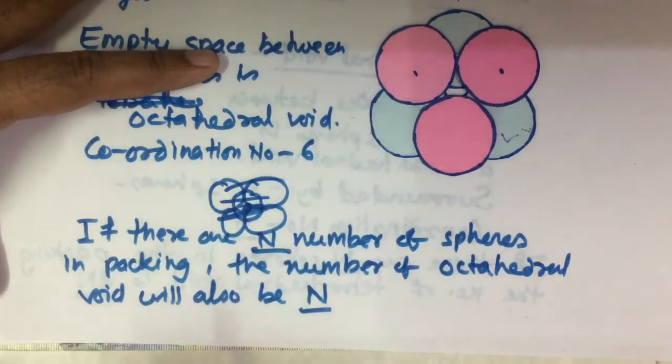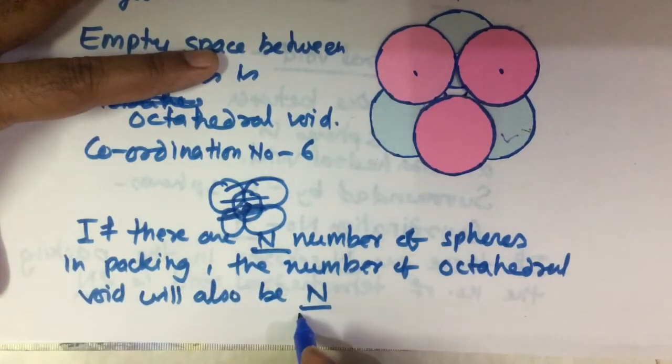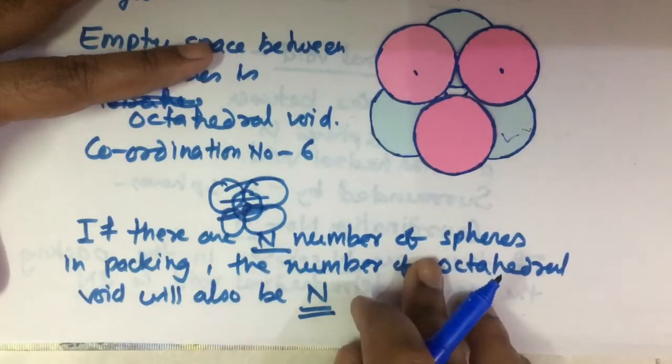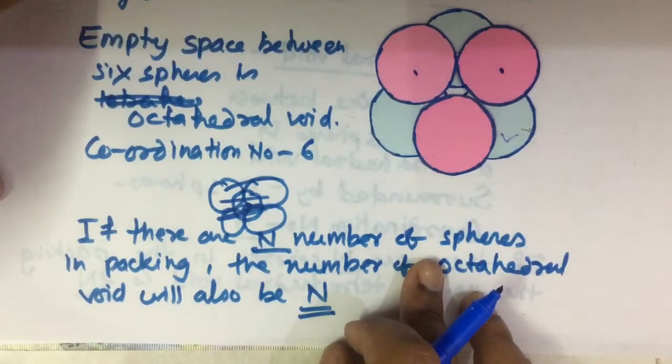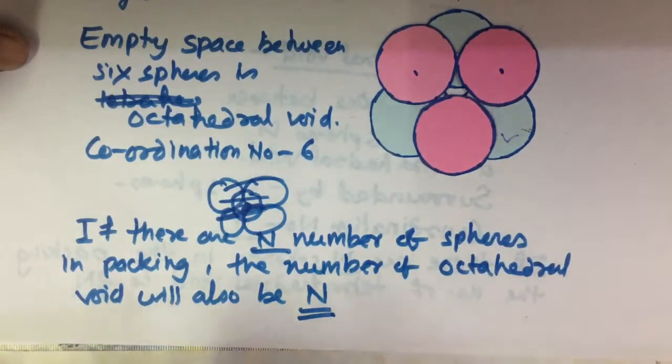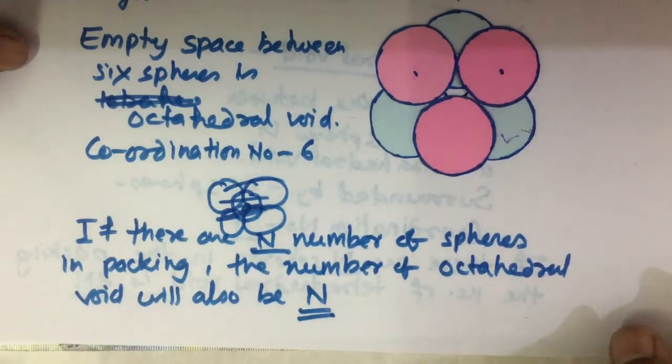So for n number of spheres, the number of octahedral voids is n and the number of tetrahedral voids is 2n. Now let's locate these octahedral and tetrahedral voids in a CCP or FCC unit cell.